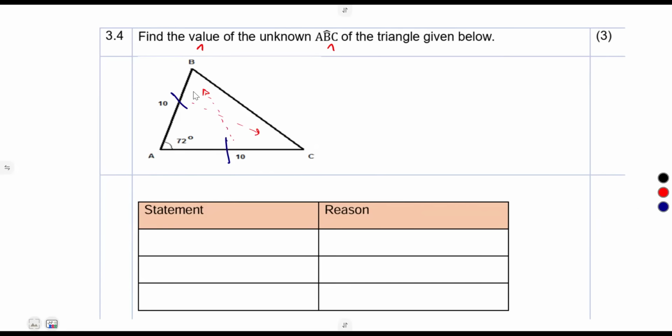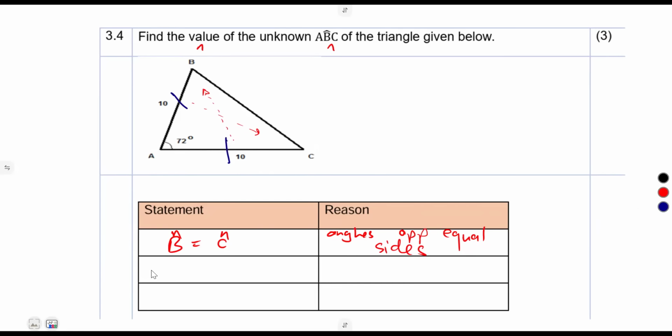Angle B must be equal to angle C. That is angles opposite what? Opposite equal sides. So if these two are equal, therefore we can write B as C. All right, whatever that we want, we can write angle B as angle C.